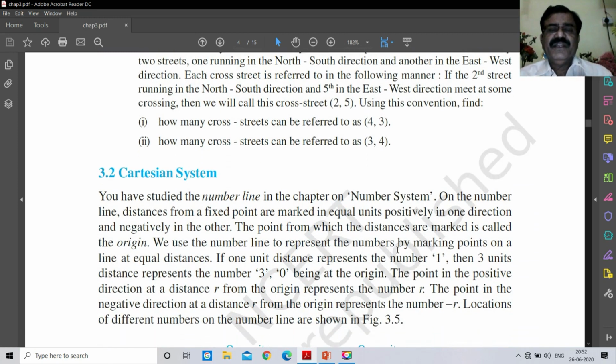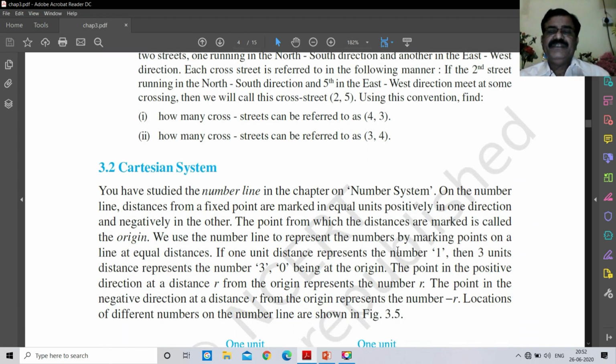In the chapter on number systems, on the number line, distances from a fixed point are marked in equal units, positively in one direction and negatively in the other direction. The point from which the distance is marked is called the origin. We use the number line to represent numbers by marking points on a line at equal distances.